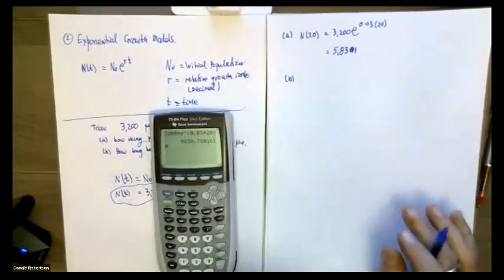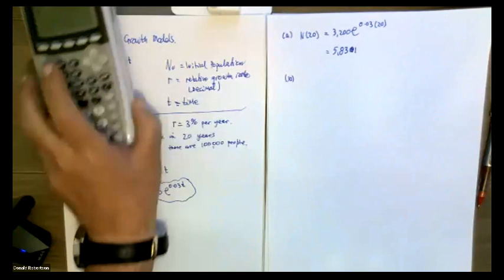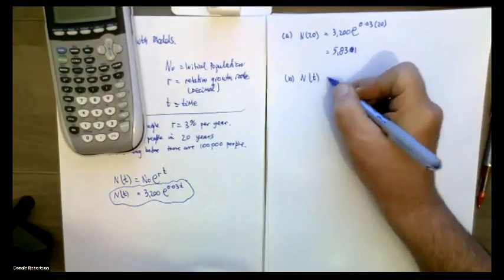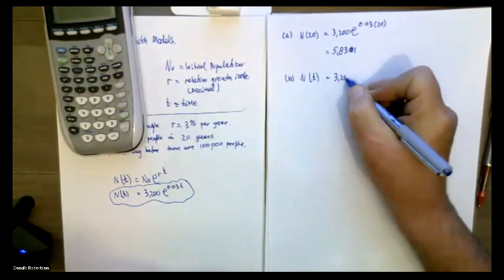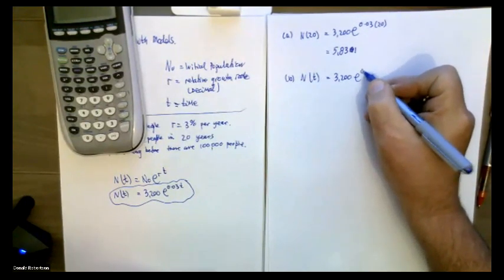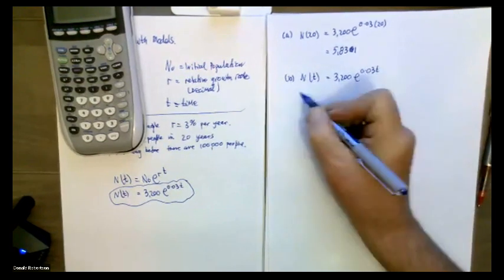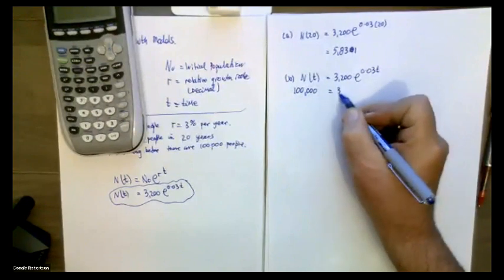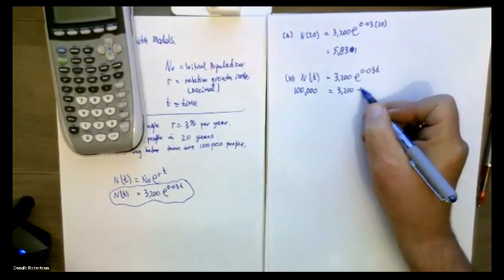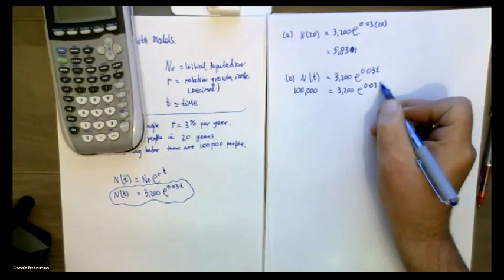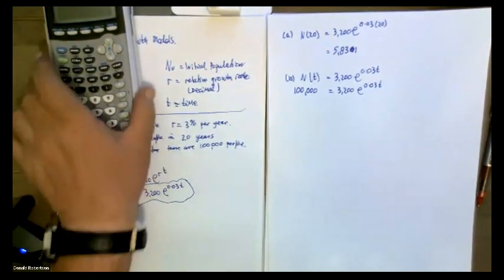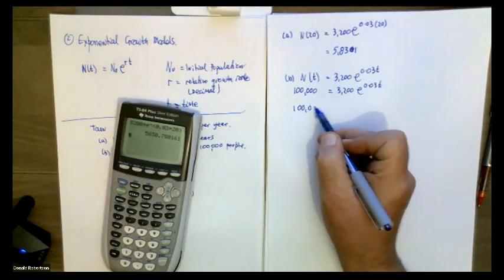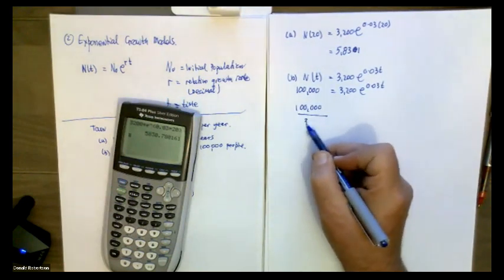Now, I asked how long before there are 100,000 people. So you begin with your formula. And you make that 100,000. And now you are going to solve this exponential equation. First thing you're going to do is divide both sides by 3,200.